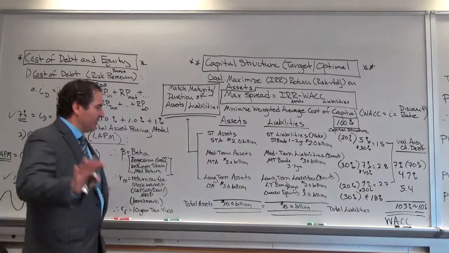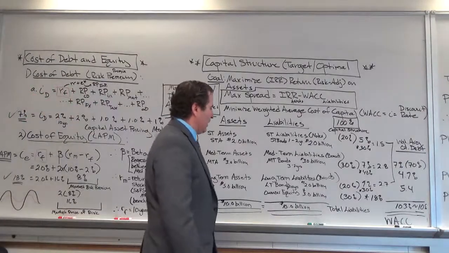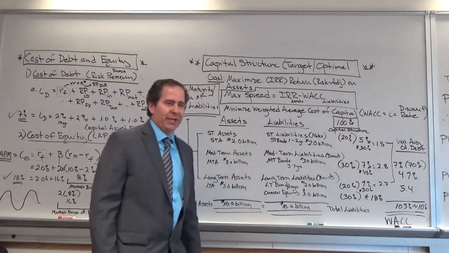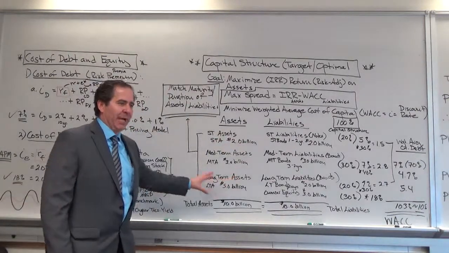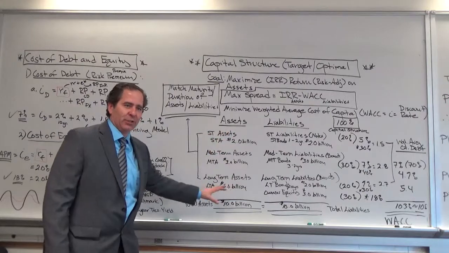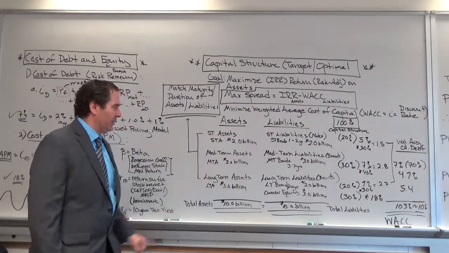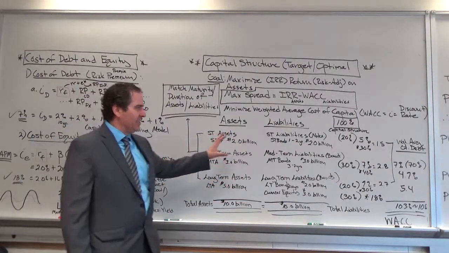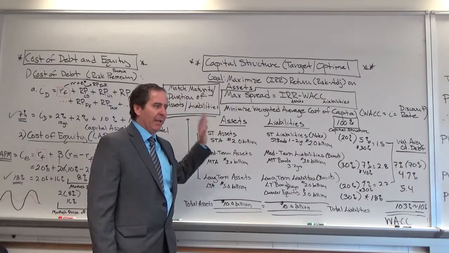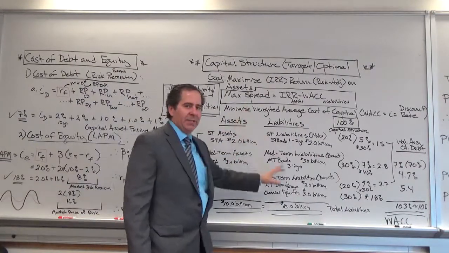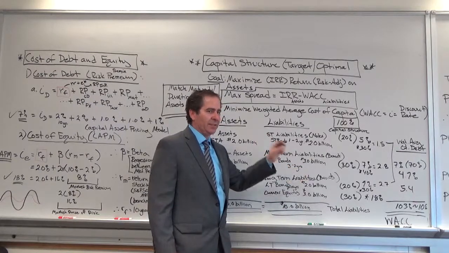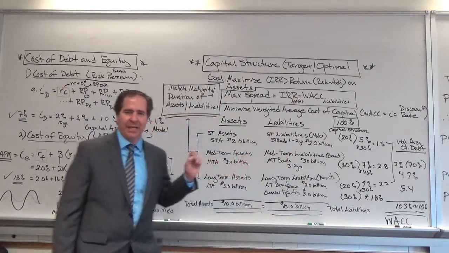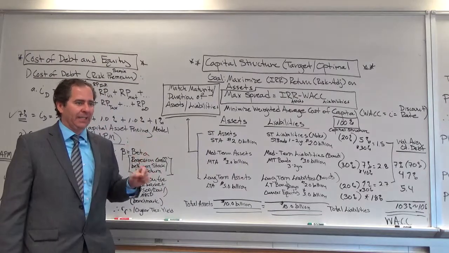There are some examples in the book on immunization and duration in the Benanga book that goes over how you manage the balance sheet, maturity, and duration. But this is a prototype balance sheet, and the liability side of the balance sheet is called the capital structure. It's how the firm's assets are being financed.